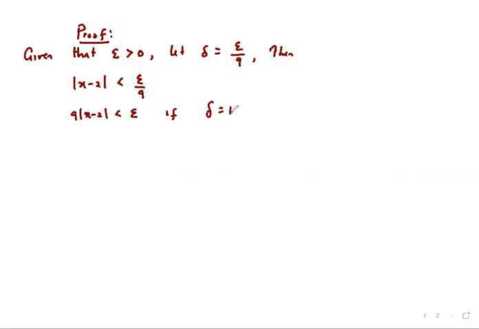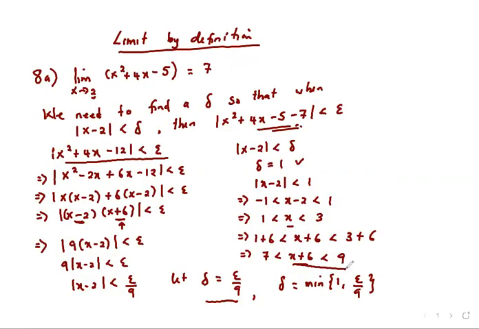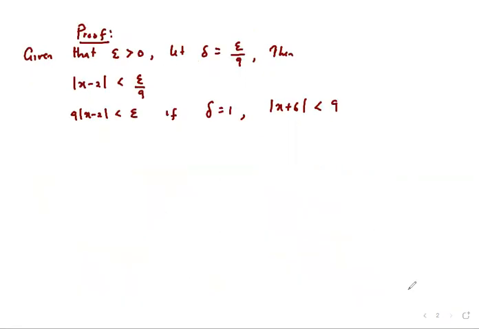Okay, but then, this happened when we said |x plus 6| is less than 9. So we made that assumption from here. So we still use it back, so that now we get |x minus 2|.